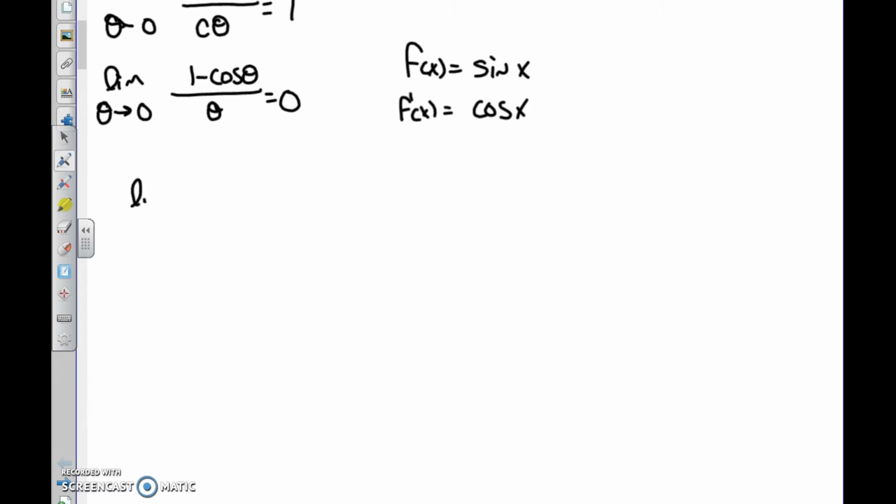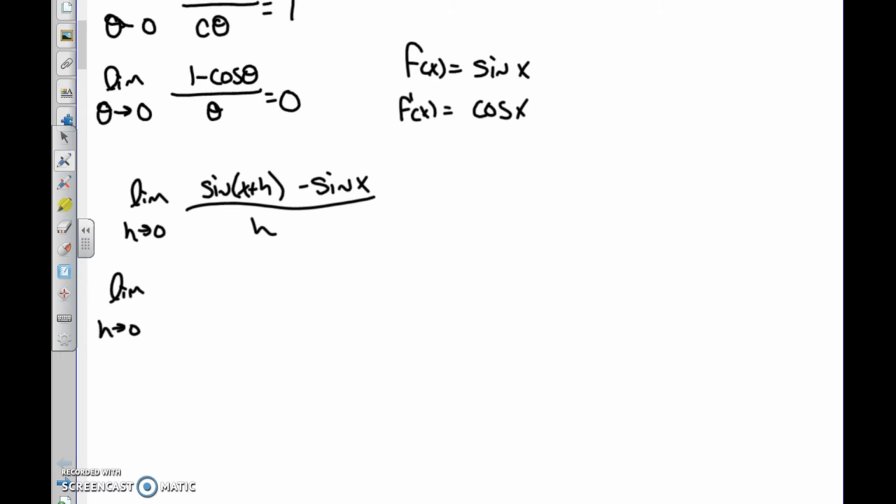So the limit as h approaches 0 of, now we use the difference quotient, so sine of x plus h minus sine of x all over h. Okay, so now at this point I'm going to use our trig identity for the sum here to go to my next step.